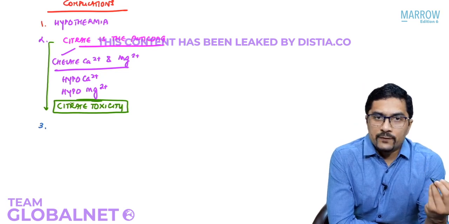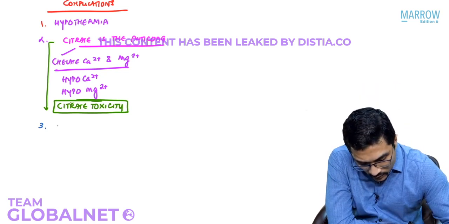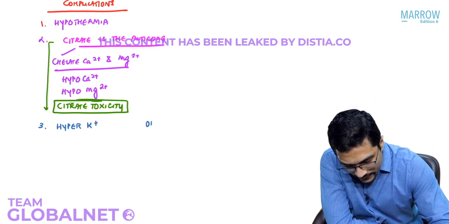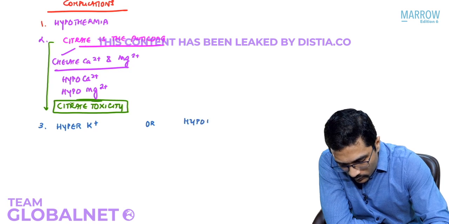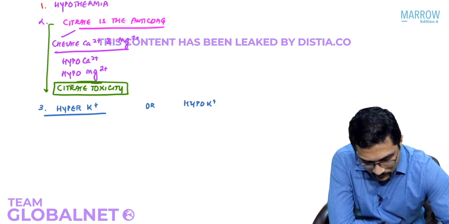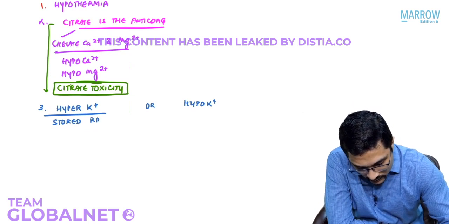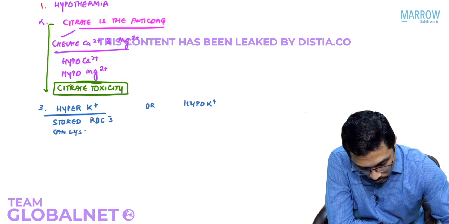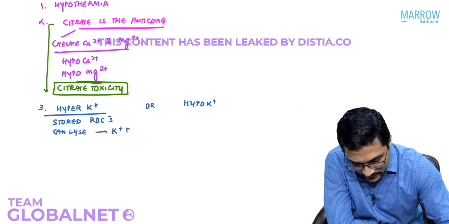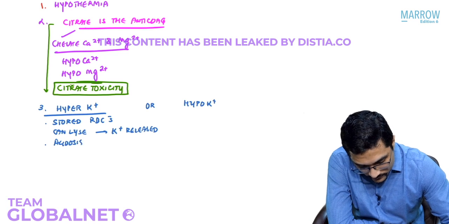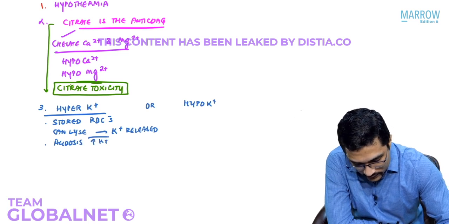What happens to potassium? You can either have hyperkalemia or hypokalemia. Why hyperkalemia? Because you know that stored RBCs can lyse, and when stored RBCs lyse, potassium is released. Also later on, when there is acidosis, that can also increase the potassium.